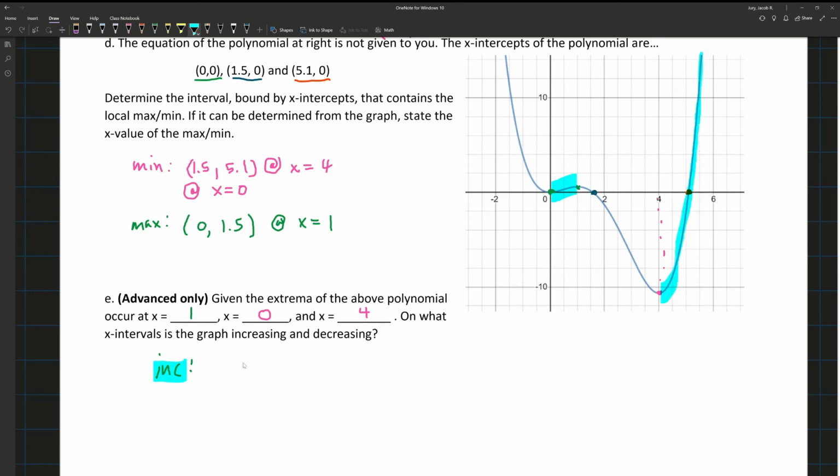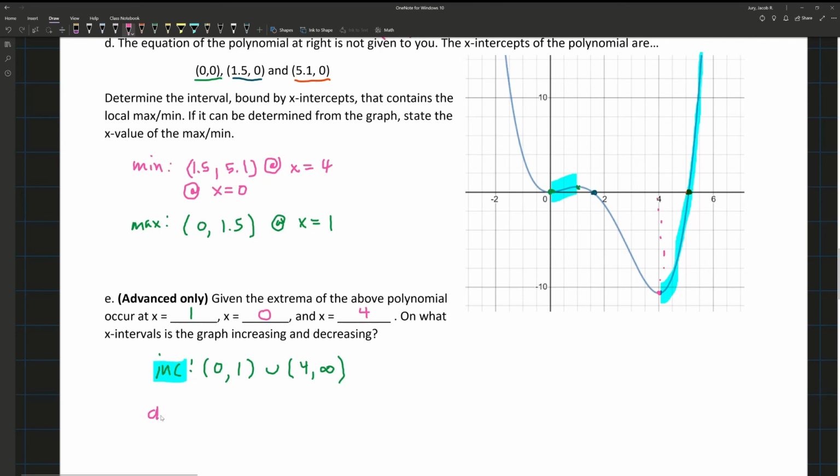So we have to pay attention to end behavior on this graph. So it's increasing from 0 to 1, and we use parentheses. It's also increasing from 4 to infinity.